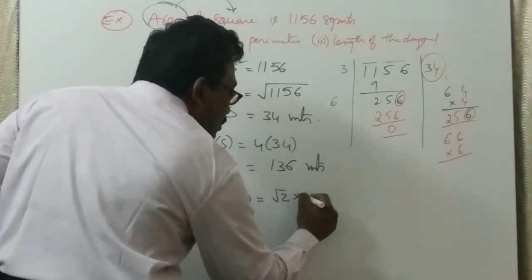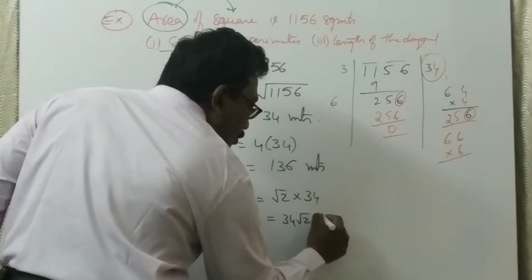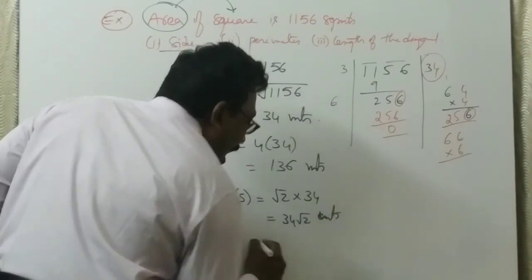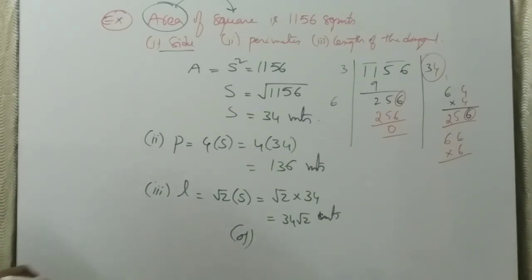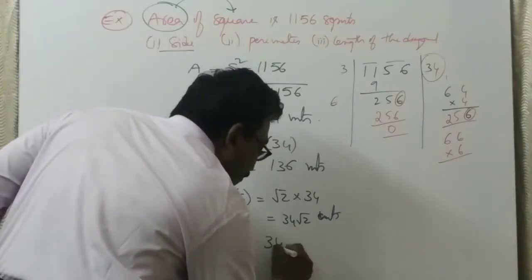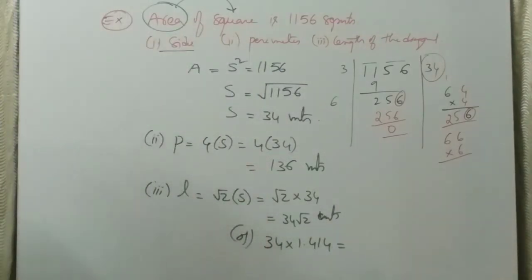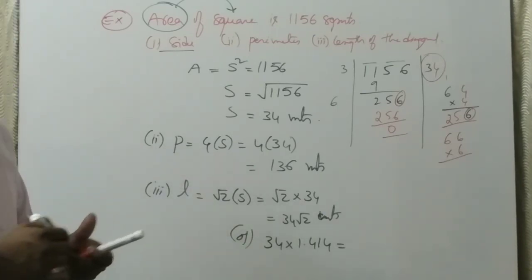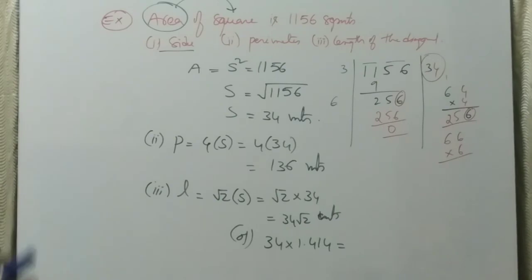Root 2 into 34. We can write 34 root 2 meters, or we can use the value of root 2, that is 34 into 1.414. If you multiply, you will get the answer. So this is the way you can solve different types of sums in squares and square roots. Bye.